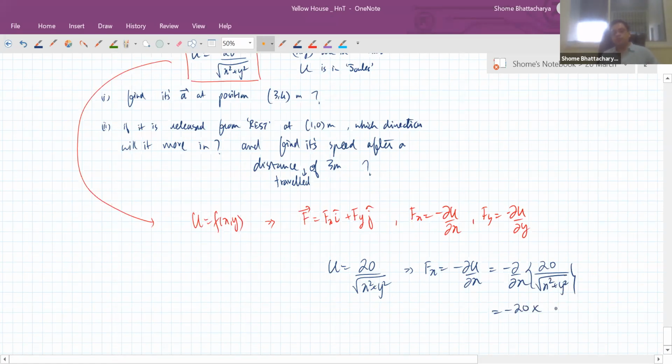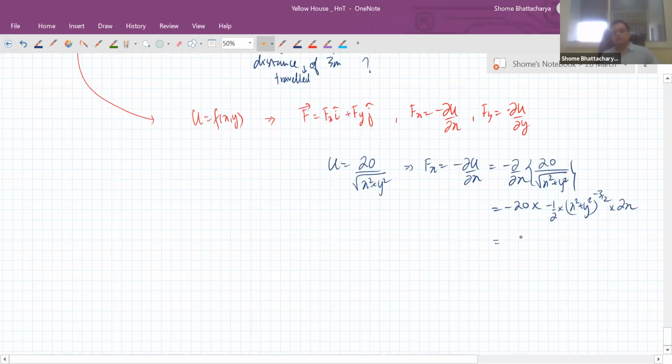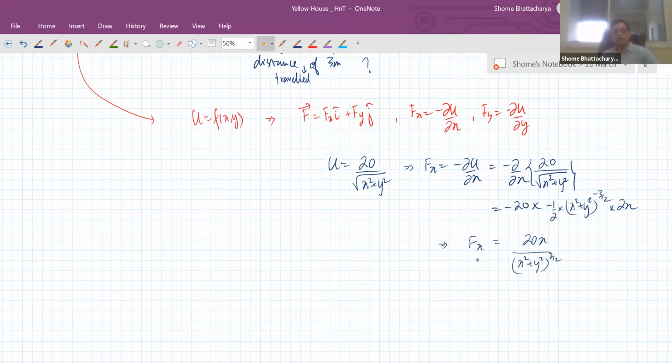Now the differentiation of 1 upon root of x square plus y square is minus half into x square plus y square to the power minus 3 by 2, into the differentiation of this term with respect to x, treating y like a constant, so that's 2x. So this will become 20x upon (x square plus y square) to the power 3 by 2. This is what our x component of force, Fx, will become.